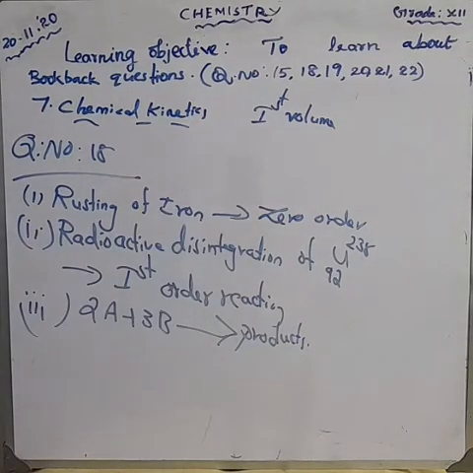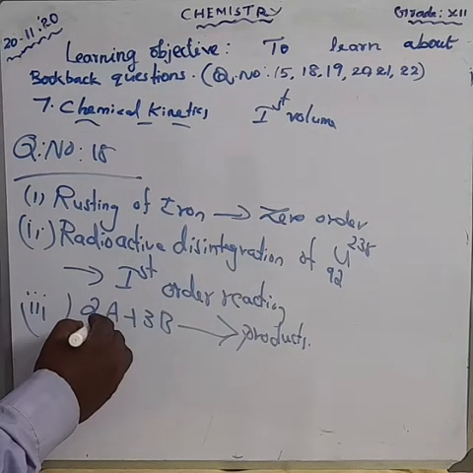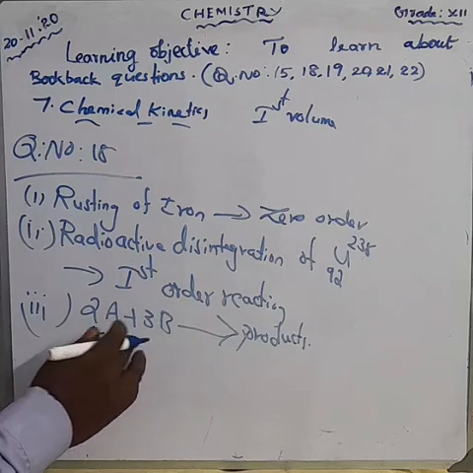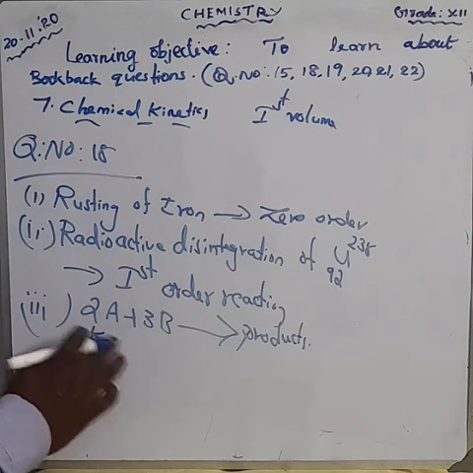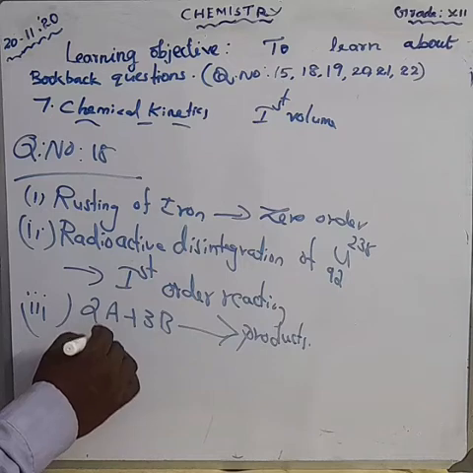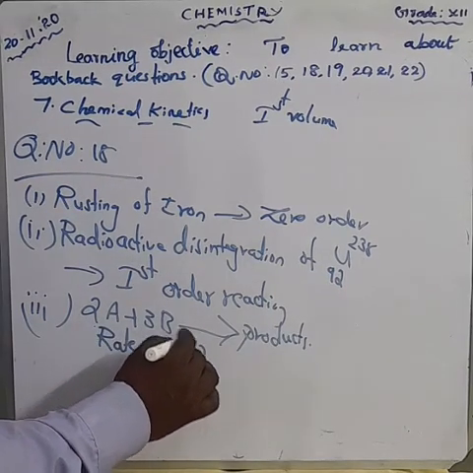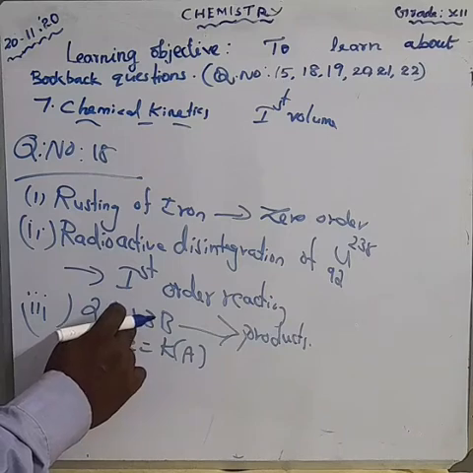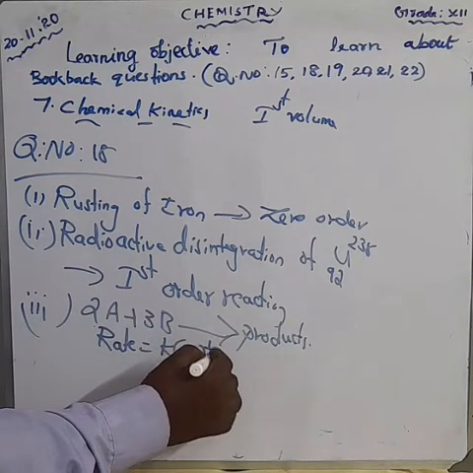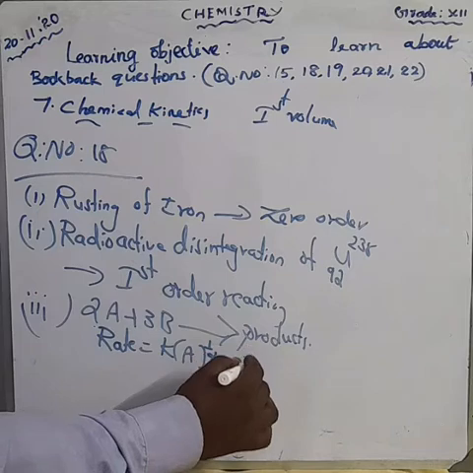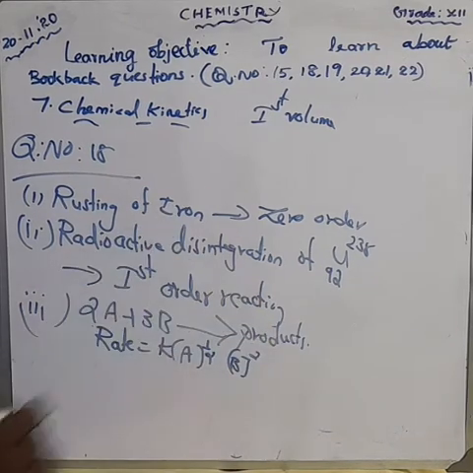Here you should write the rate constant k. Rate equals k into A to the power 1 by 2 and also B to the power 2.